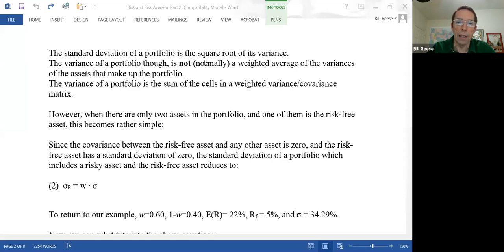going and taking a look at the whiteboard. So let me pull the whiteboard up. If you recall, when we want to find the standard deviation of a portfolio, or let's start first, when we want to find the variance of a portfolio, we want to add up all the cells in its weighted variance covariance matrix.